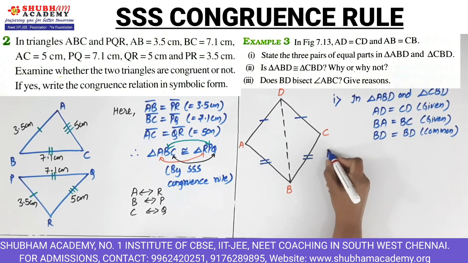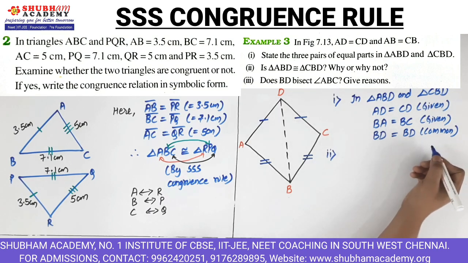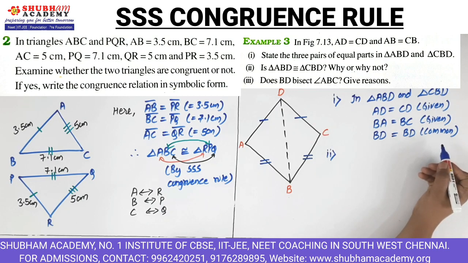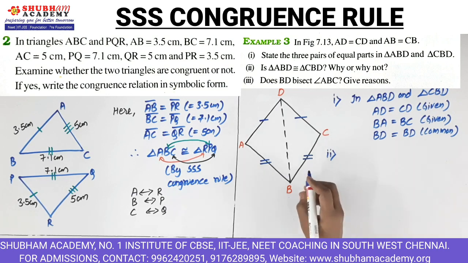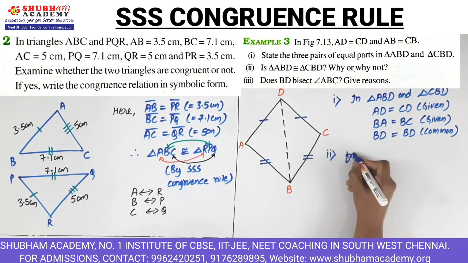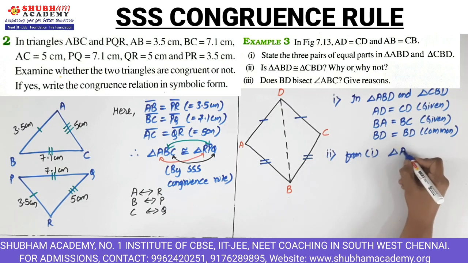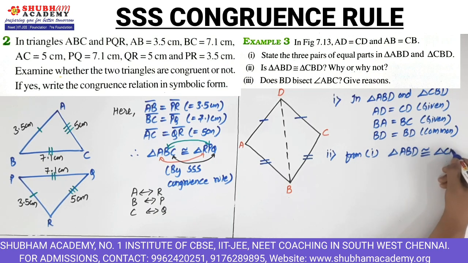Now the second subdivision, in which they have asked, is triangle ABD congruent to triangle CBD? Why or why not? So through the first subdivision we can see that triangle ABD and triangle CBD have 3 corresponding equal parts. So we can write from the first, triangle ABD is congruent to triangle CBD, and they have asked us why or why not.